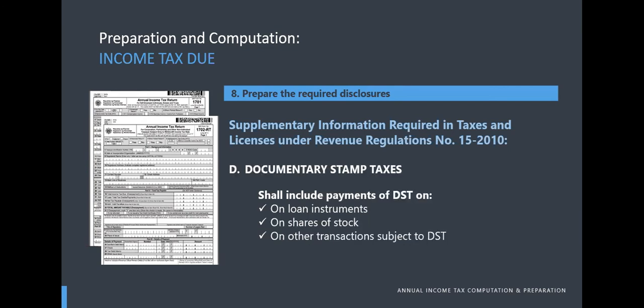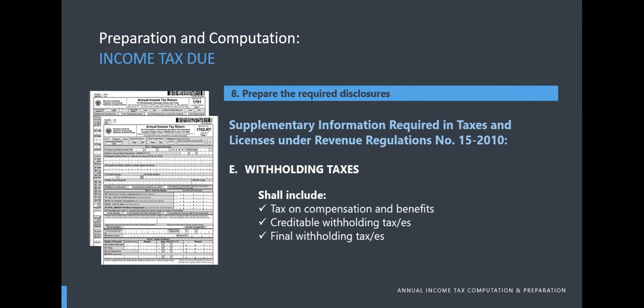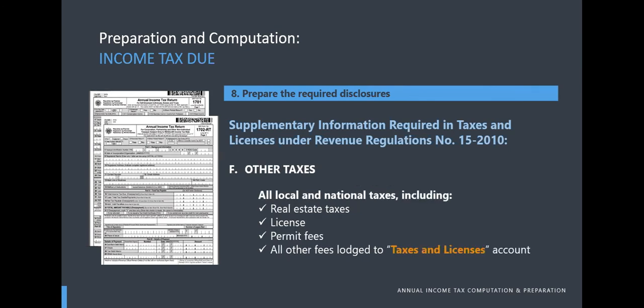Documentary stamp taxes shall include payments of DST on loan instruments, shares of stocks, and other transactions subject to DST. Withholding taxes shall include tax on compensation and benefits, creditable withholding taxes, and final withholding taxes.